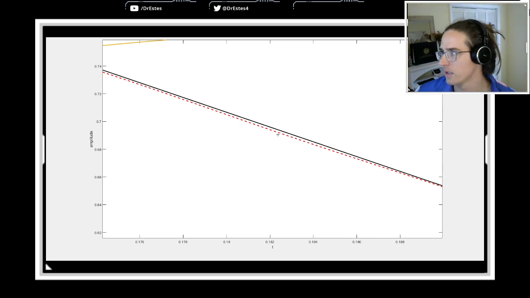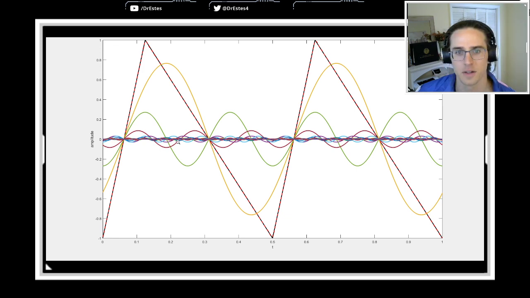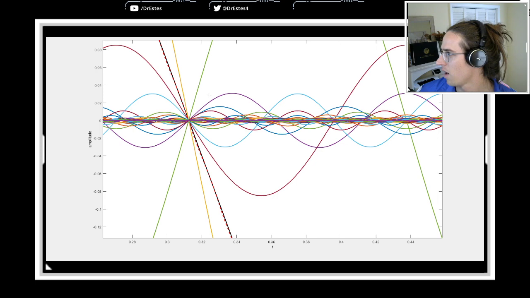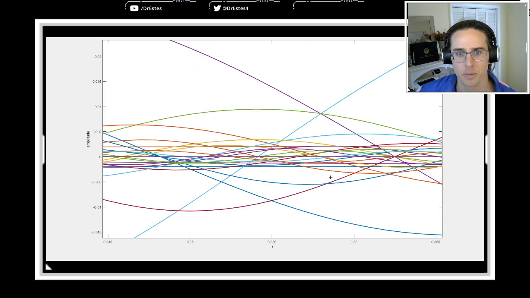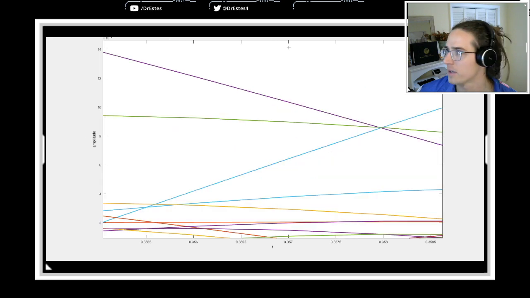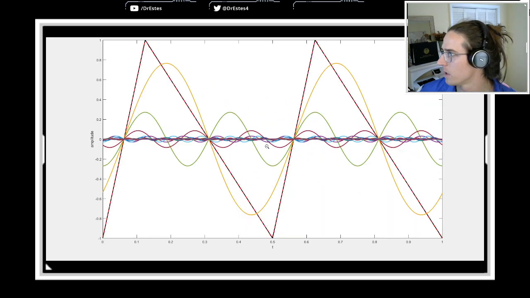So it's saying, let's try to find a bunch of sinusoids that reproduce this original signal. And all of these are the sinusoids that we're adding together. I can't remember how many I used in this code. It might be a couple hundred or something.